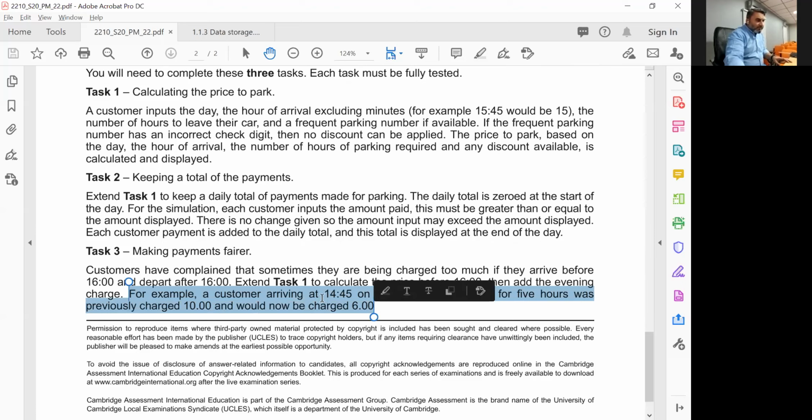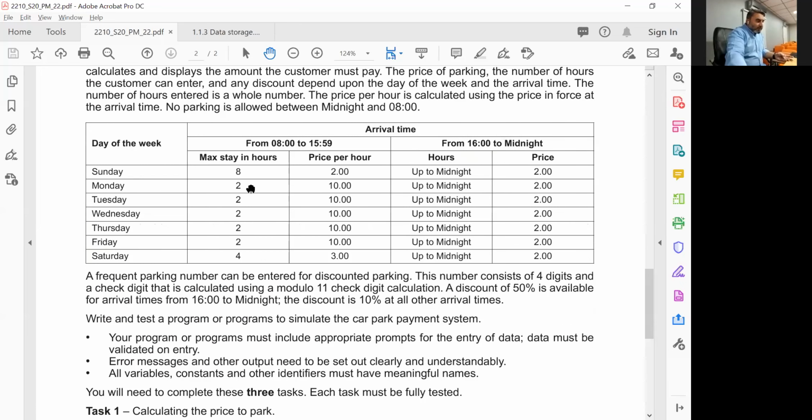So if the customer is arriving at 14:45 means the arrival hour is 1400, that is 2 p.m. on Sunday, and is staying for 5 hours. So this is 1400, 1500, 1600, 1700, and 1800. So they will be charged from 14 to 1800, but 14 and 15 will be charged per hour.